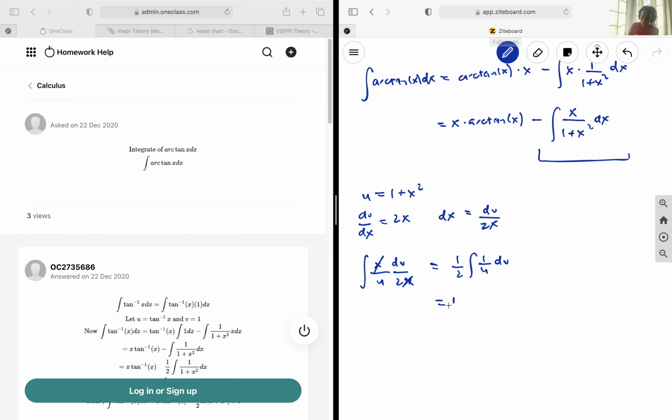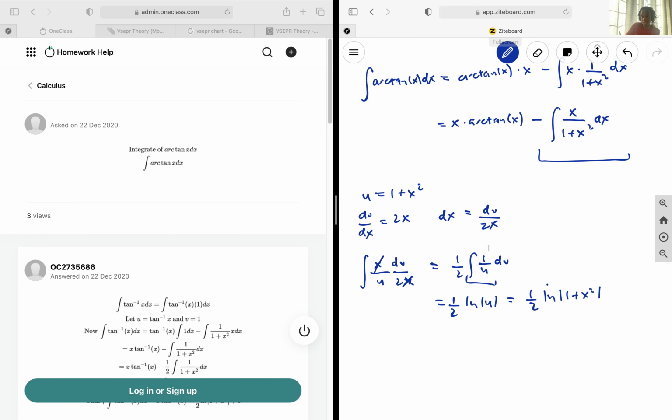And so that will give us 1 over 2. We know that this is going to be giving us ln the magnitude of u. And then we put in what our u is, so it's 1 plus x squared, so we get half times ln the magnitude of 1 plus x squared.